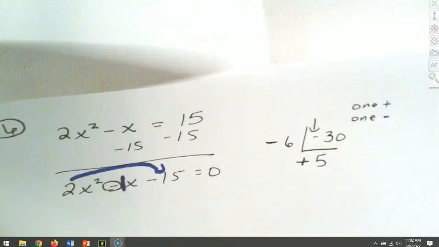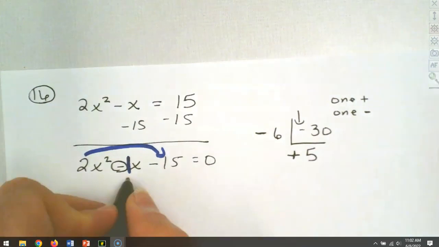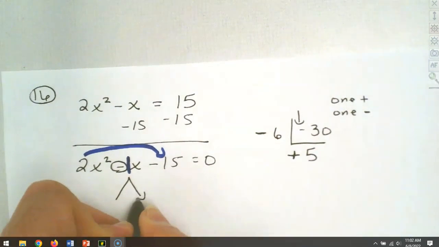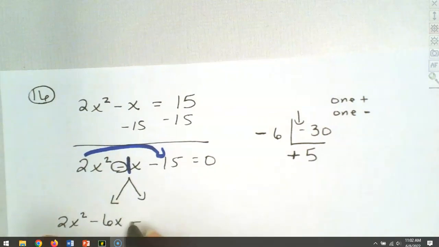Can we just simply jump to our factors? No. So we have to do grouping. So we're going to split up the middle. And it's 2x squared. And then we've got a minus 6x, a plus 5x, and a minus 15.